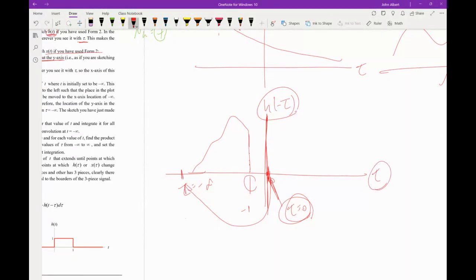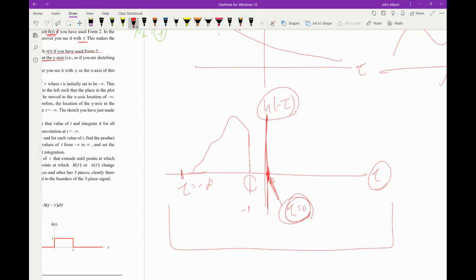Remember that the x-axis is tau, it's not t. So t appears in this figure just like a constant. It's not a variable, it's just like a constant, not the variable time, with a value that is equal to t. So I will shift this function, h of minus tau, by an amount that is equal to t and set t to be equal to minus infinity.